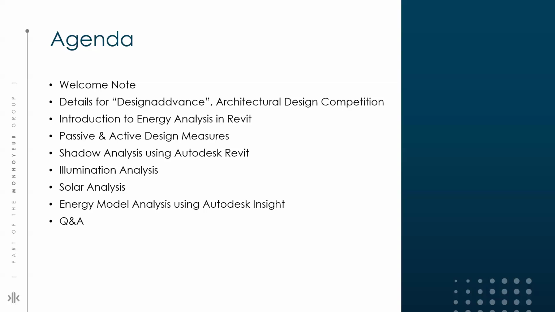Then we will be performing shadow analysis as well as illumination analysis out of Autodesk Revit. Then we'll have solar analysis, which would be using a plugin that Autodesk has. And then we'll look at the energy model analysis, which has been created for transporting all the data to Autodesk Insight.